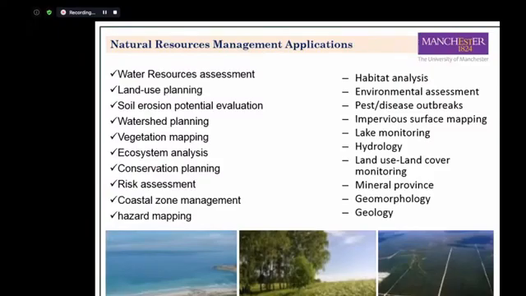So they know about the management strategies and the uses of GIS applications in natural resource management: water resource assessment, land use planning, soil erosion potential, watershed planning, vegetation mapping, ecosystems analysis, conservation planning, risk assessment, coastal zone management, hazard mapping. So these are the broad management strategies or broad application areas within the natural resource management domain.